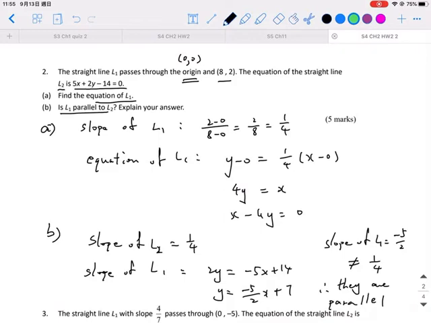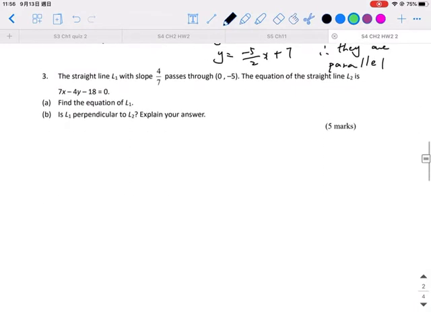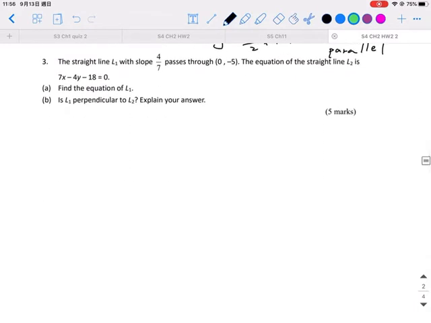Okay, so for question number 3, the straight line L1, we have the slope and it passes through the fixed point (0, -5). And the equation of the straight line L2, there's another line, is this one. So for part A, find the equation of L1.